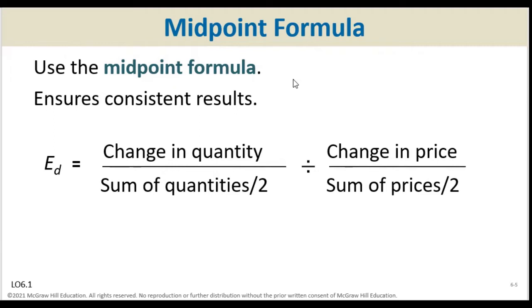The midpoint formula calculates the average elasticity over a range of prices to avoid the problem of where you started from. So I recommend you use this formula if they ask you to calculate a coefficient of elasticity.